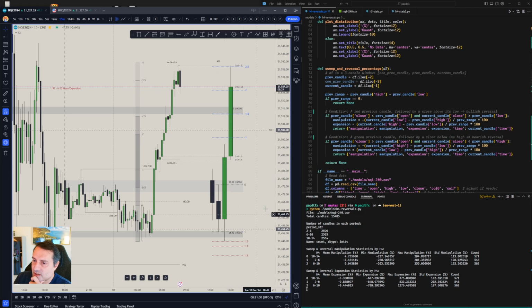And how much will it expand, right? So we want to draw the expansion to the high of the candle from the low of the previous candle, so we can measure it in length of the previous candle, how much higher than the previous candle will it go, and then I can plot it, right?